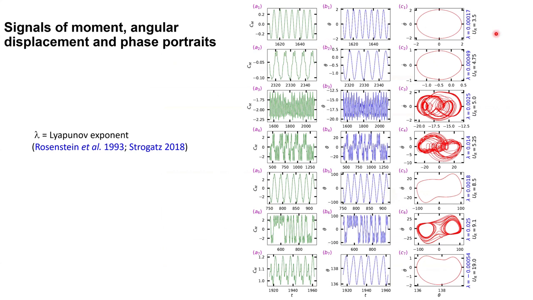You can see I am changing the reduced velocity from top to bottom, and the previous regimes are also functions of reduced velocity, which I showed you. In each row, I am plotting the coefficient of moment. Here, it will not be the lift or transverse force. It will be the moment, which we are plotting as a function of time. This is the theta, which is from its mean position.